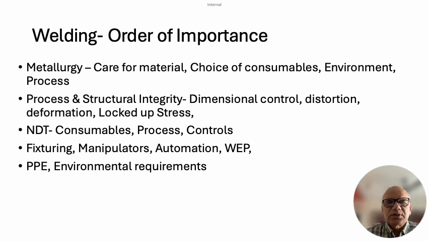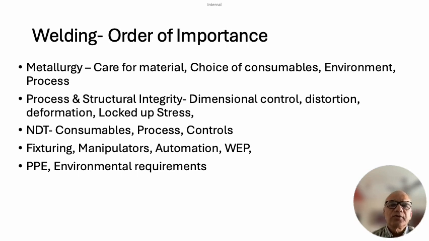Unless and until you understand metallurgy, you will not be able to decide on the processes, you will not be able to decide on what kind of structural integrity, dimensional control, distortion control, how difficult or easy it is, what kind of fixturing, purging requirements, trailing shield requirements, or process requirements are going to flow down.